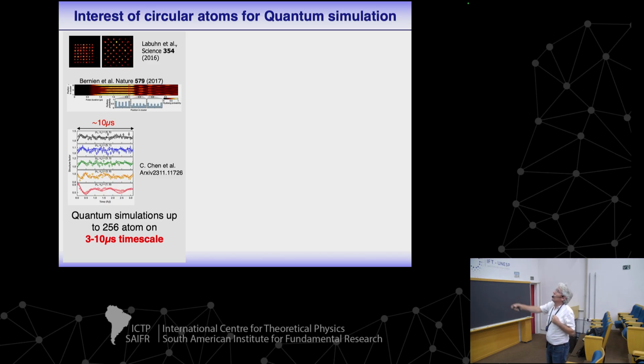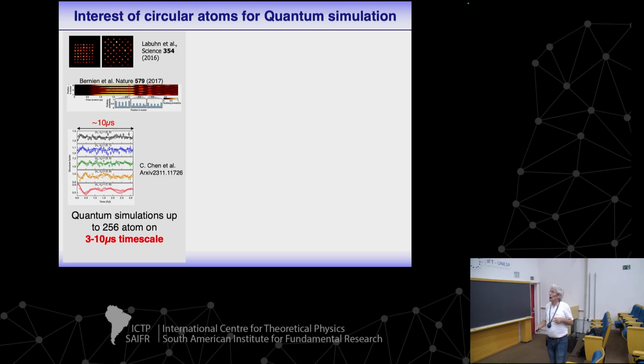This one you have already seen, performed in the group of Michel Brune, and here is a more recent experiment performed in the group of Antoine Browaeys, where they characterized the many-body states of the XY antiferromagnet. If you look at the time scale in this experiment, here is like 3 microseconds, here is 10 microseconds, which is close to the limit of this experiment.